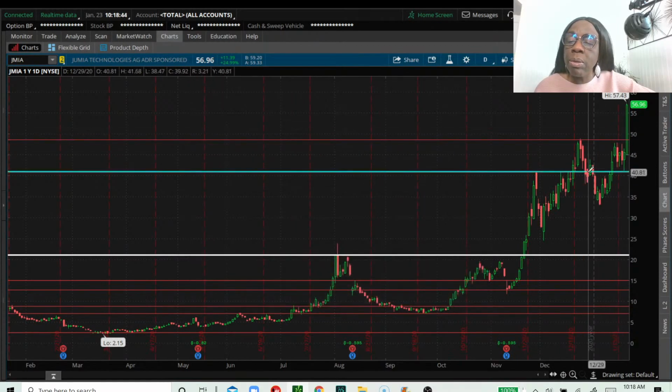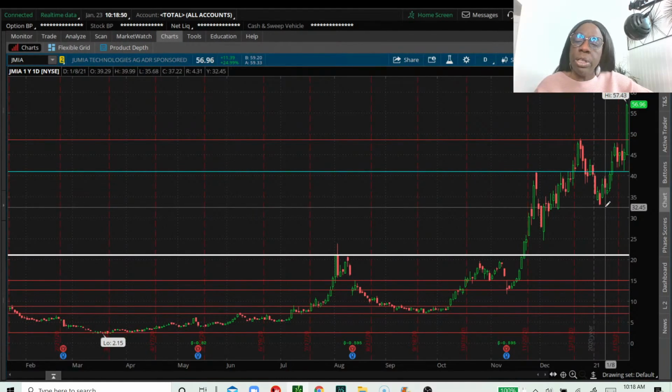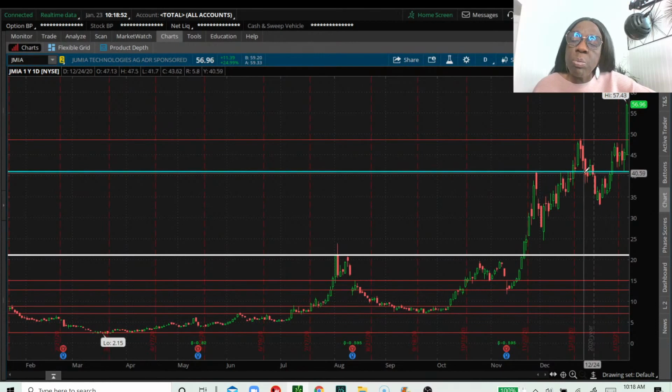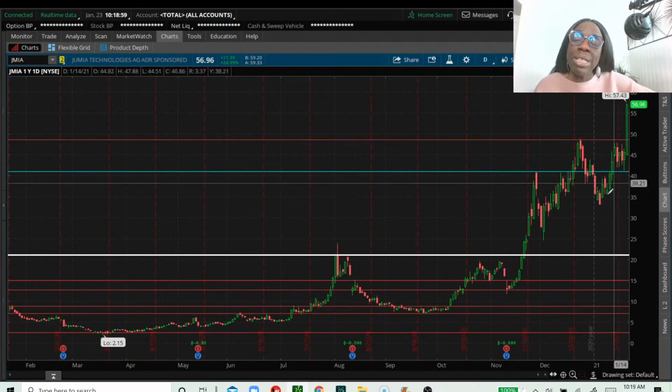You can see once it broke down below the blue level, we had another 2 weeks of it trading under support. And this blue level that was support all of a sudden becomes resistance because it's now resisting price action going above it.